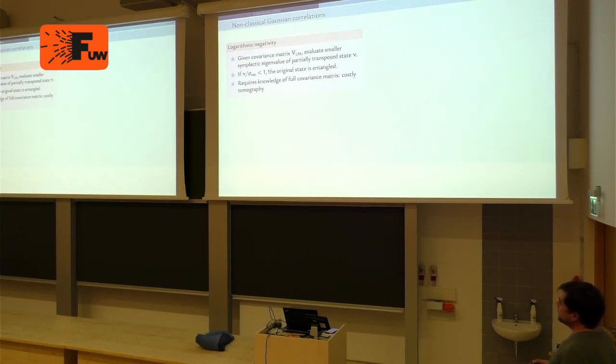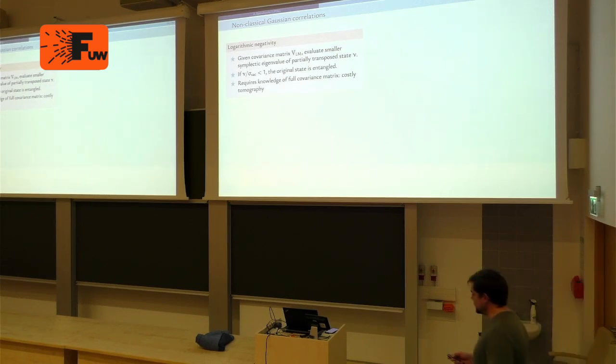What's important for me now is that to compute logarithmic negativity, I need to know the full covariance matrix. For a bipartite Gaussian state, such a covariance matrix has 10 independent elements, and I have to estimate each of them from lots and lots of repetitions of my experiment.